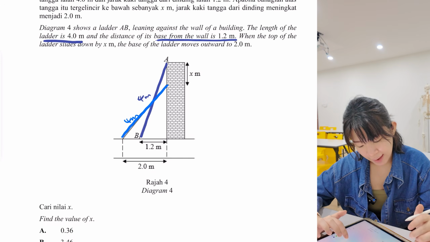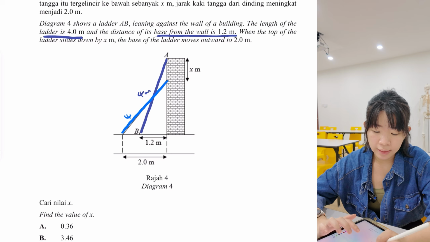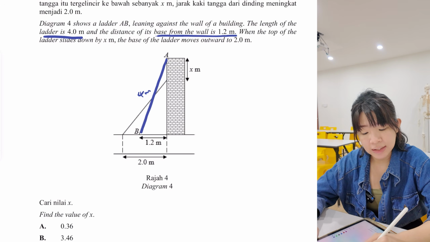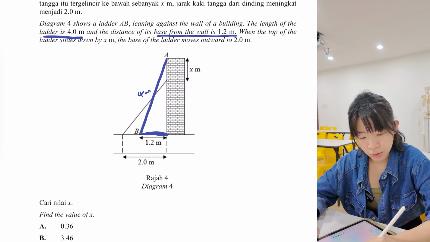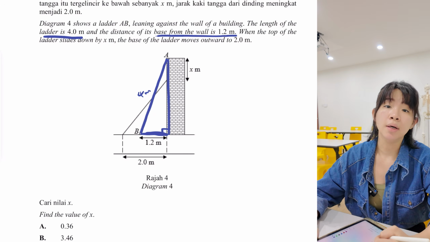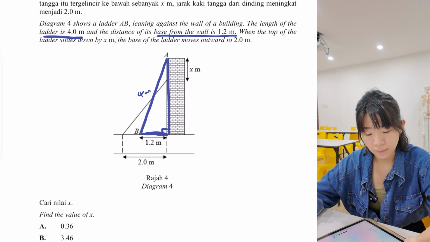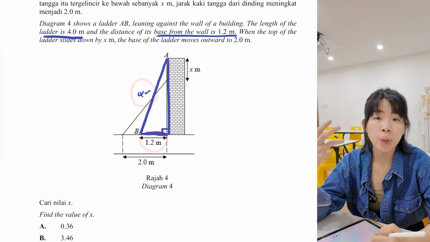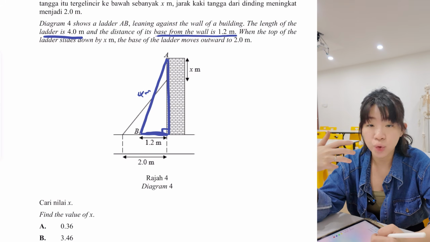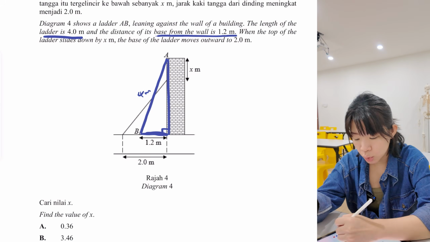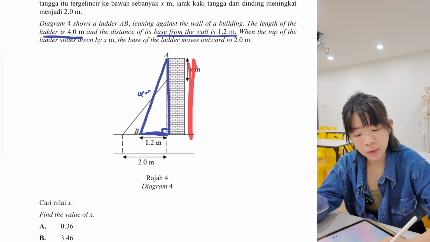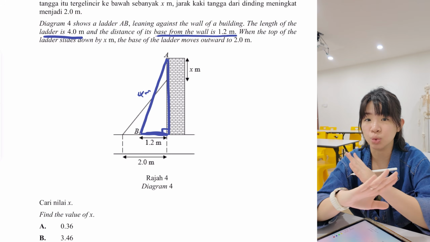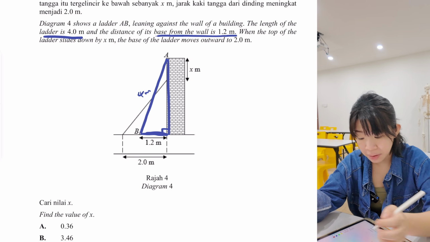Now we need to find the X here. Look at the first triangle first. Now this ladder leans against the wall. We have 1.2. So here we see a right angle triangle. So what do we need to find? We have 2 information already, 4 meters and 1.2 meters. Do we need angle? Don't need. At the end we need to know the height of the wall in order to find X. So finding angle is useless. We only need to use Pythagoras theorem here.